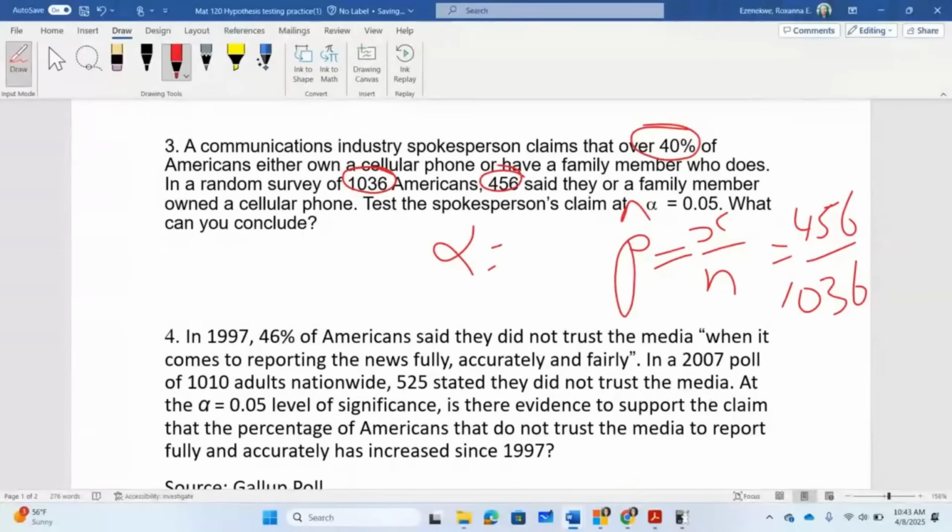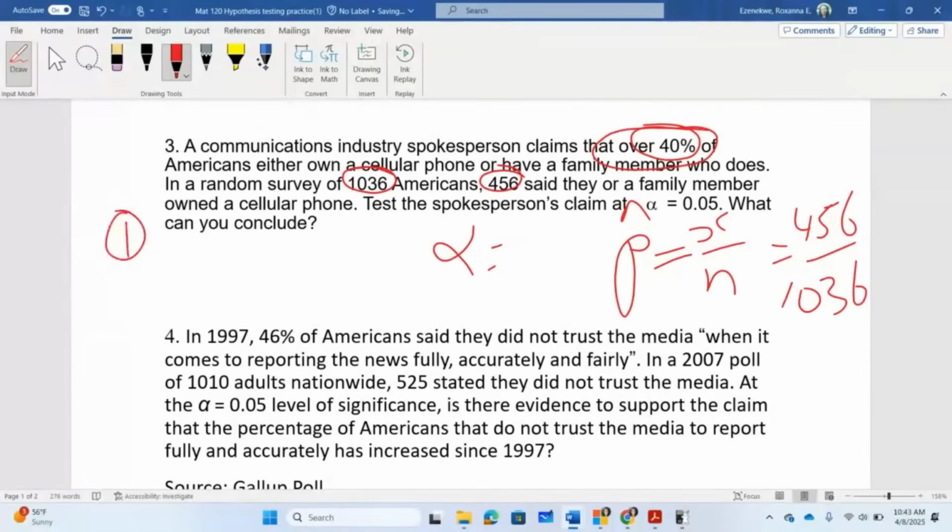Okay, I want you to know that this is over. The keyword is over. Therefore, we are doing a right tail test. So we start. I'm going to identify the claim. Step 1 is identify the claim.